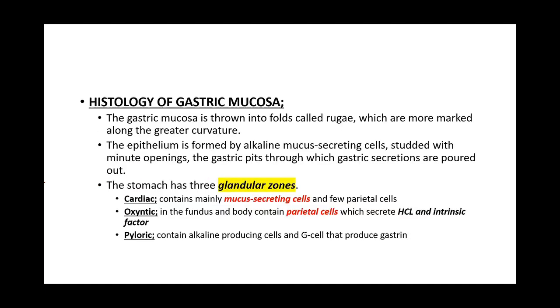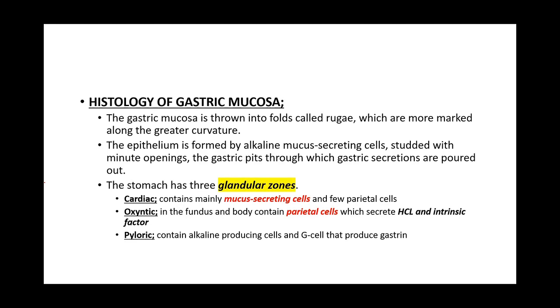Now, the histology of the gastric mucosa. All these we are discussing, the anatomy and physiology, form the basis for understanding the pathophysiology and the treatment of peptic ulcer disease. So it's important you have a good foundation on these bases so that you will understand the treatment when we discuss it.